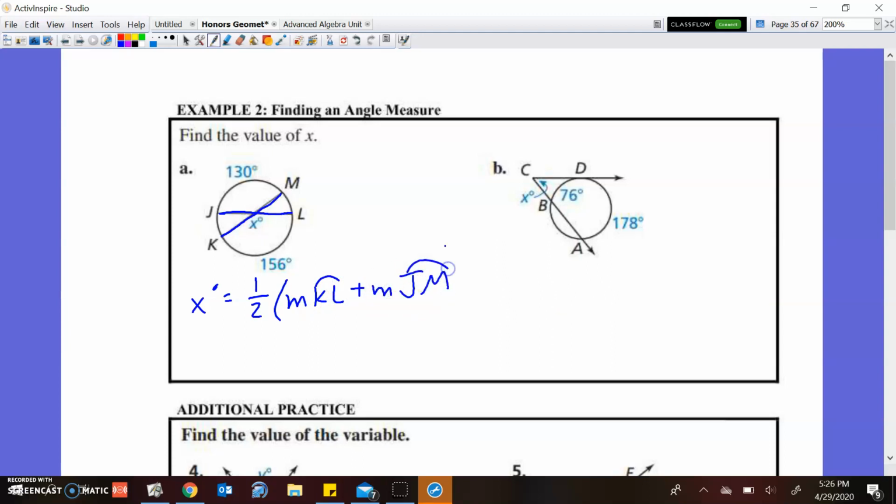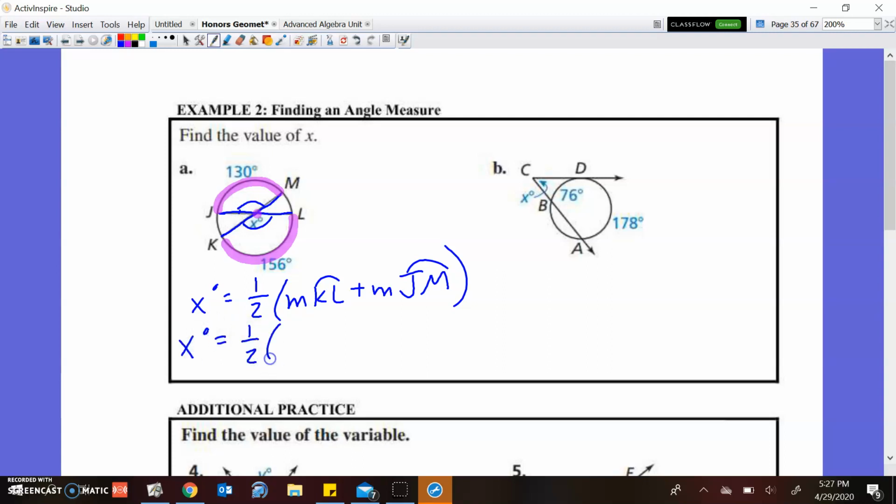Now you don't have to write that, but I want you to see what we're saying. So I'm going to add up the two arcs that have a relationship to the angle we're finding. Again, this is the angle we're finding, which is congruent to that because of the vertical angle congruence theorem. I add them up and divide by 2, so I take half the average.